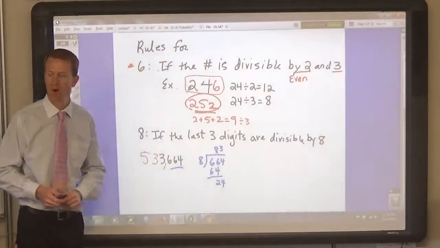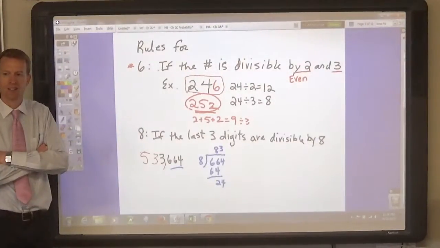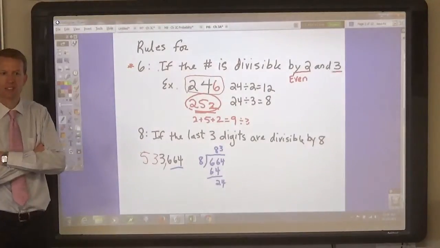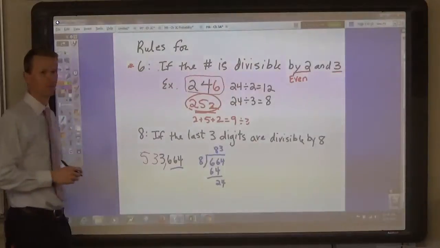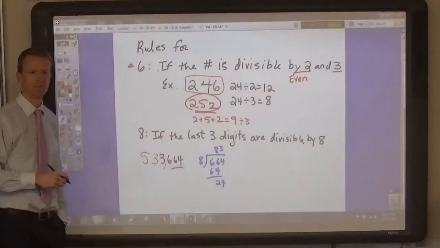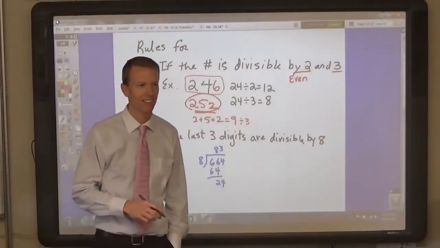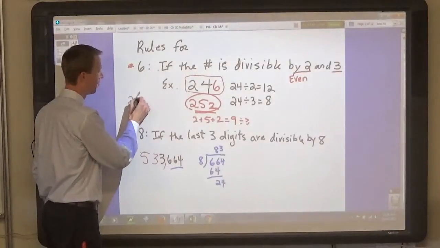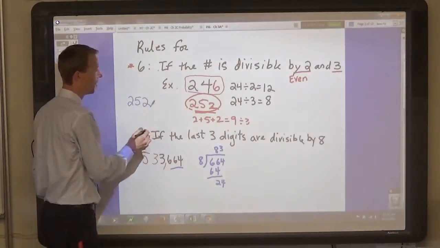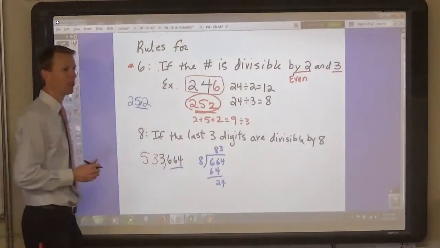Is it divisible by 4? No. How would you check? How do you know if it's divisible by 4? Abby? If the number is divisible by 4, the last 2 digits.